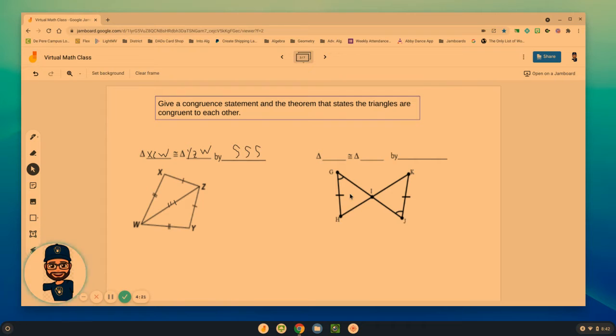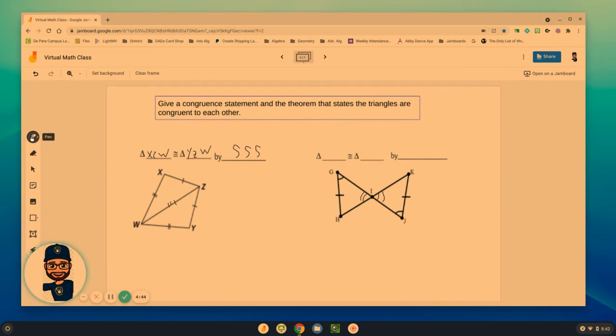Look at the second one. We have a side and an angle, but remember in this picture that we also have vertical angles. This angle is congruent to this angle. Therefore, we now have an angle to a side.